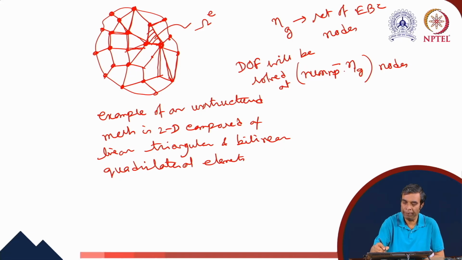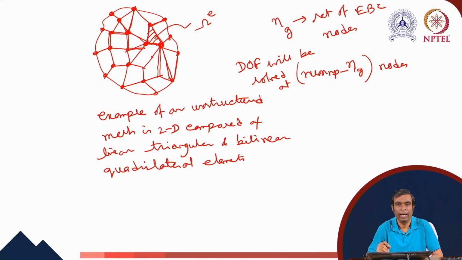We have num p nodes, and among these num p nodes, eta g nodes are located at the essential boundary. At the essential boundary, we know the solution. Other than the essential boundary, we may have natural boundary, convective boundary, or radiative boundary. At all these boundaries, the degree of freedom is unknown.